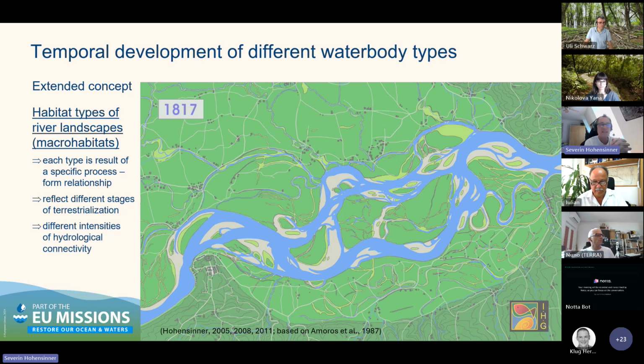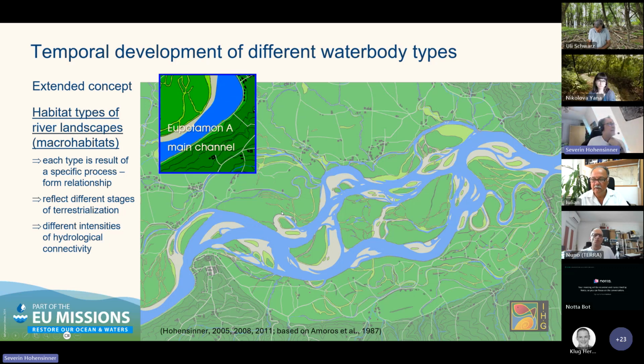It reflects different stages of terrestrialization, of geomorphological development, and they are characterized by different intensities of hydrological connectivity, as already said. And here is an image from the river landscape, Ulli showed it already, from the Machland floodplain in Upper Austria in 1817.